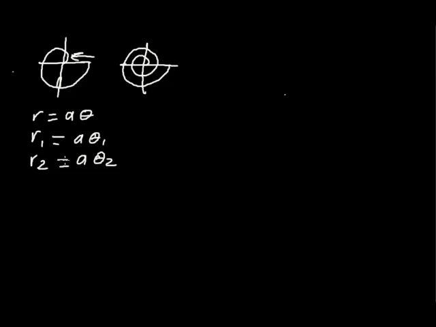So now that we have these equations, we can say that theta 2 minus theta 1 is equal to 2 pi, because we're generally going to want the spiral to be a complete circle.